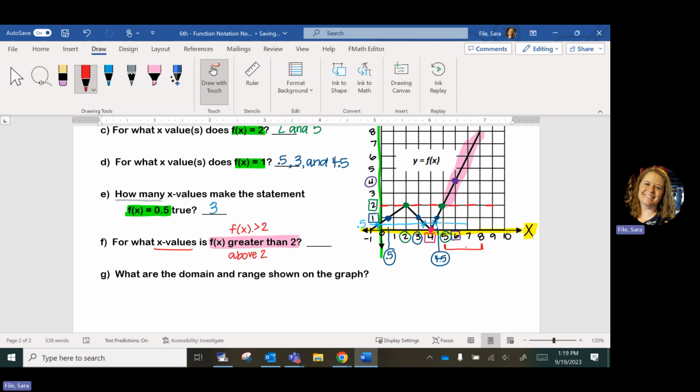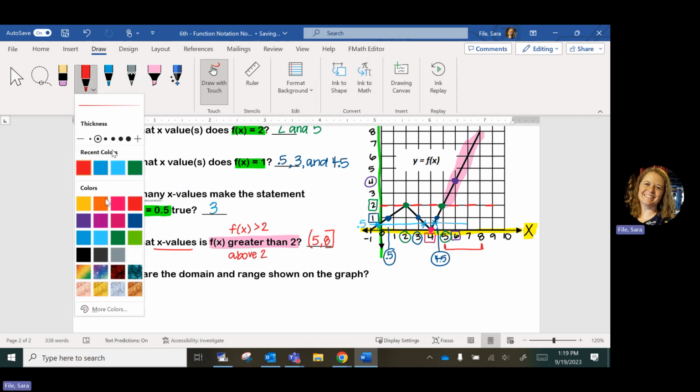There's no "or equal" here. So we do not include the 5. Do we include the 8? Is it above the 2 at 8? Yes. So not including 5, yes, including 8. So as an interval, I would say from 5 to 8, not including the 5, so a parenthesis, including the 8, so a bracket.